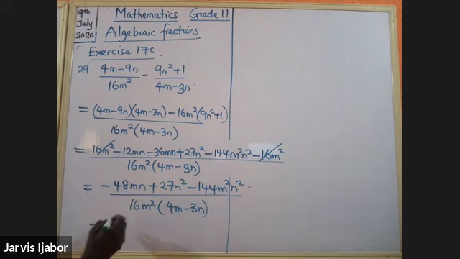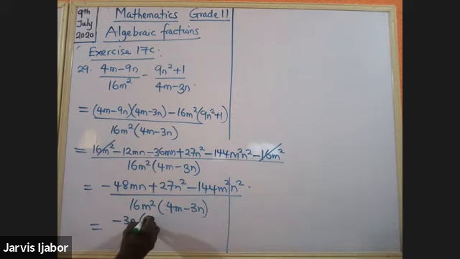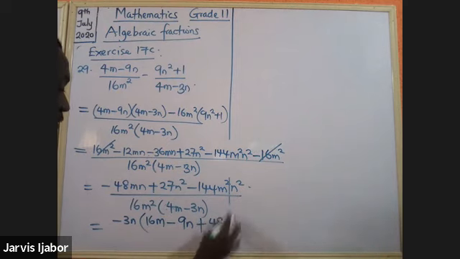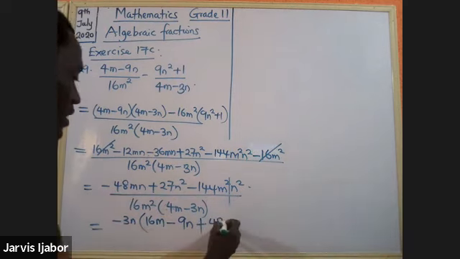So I'll just factor negative 3n, and I'll be left with what? 16n plus 9n. Sorry, this will be minus because I factored out negative, plus 48 what?